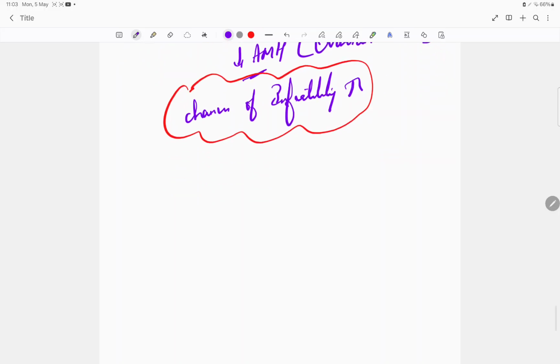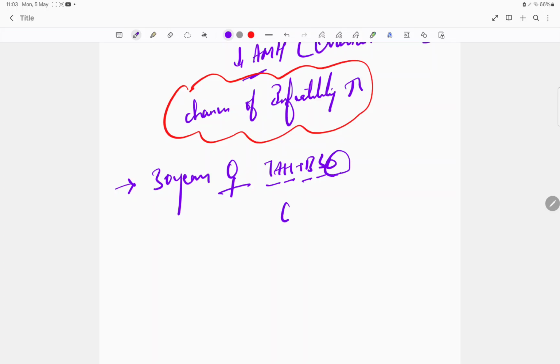Along with that, for example, if a 30 year old female has completed family, you're planning TAH plus BSO. What is TAH plus BSO? Total abdominal hysterectomy plus bilateral salpingo-oophorectomy. That means the ovaries are removed.